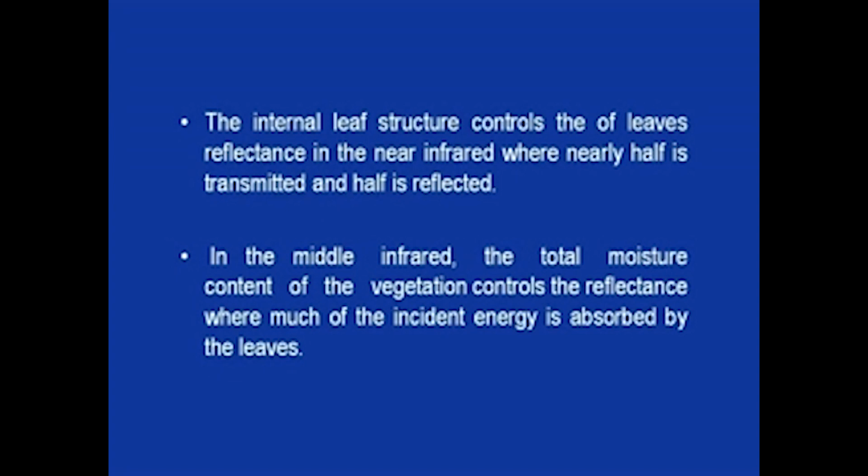The internal leaf structure controls the leaf reflectance in the near infrared region, where nearly half of it is transmitted while the other half is reflected. In the middle infrared region, the total moisture content of the vegetation controls the reflection, where much of the incident energy is absorbed by the leaves.